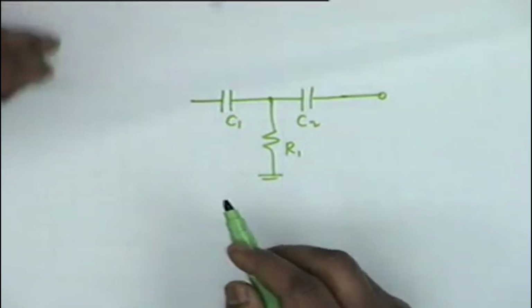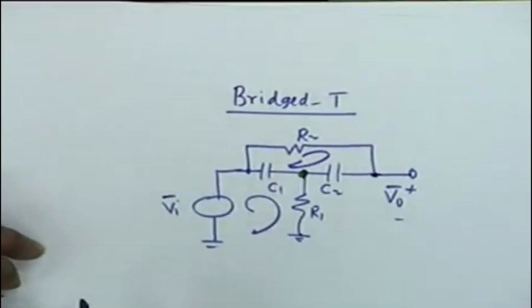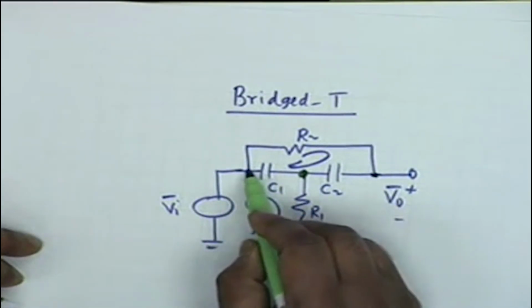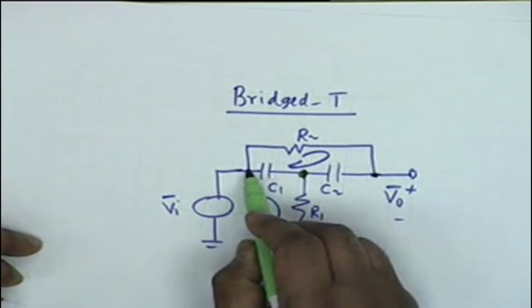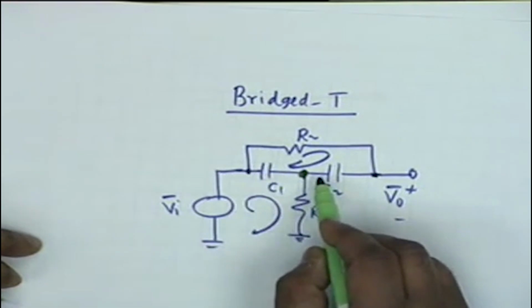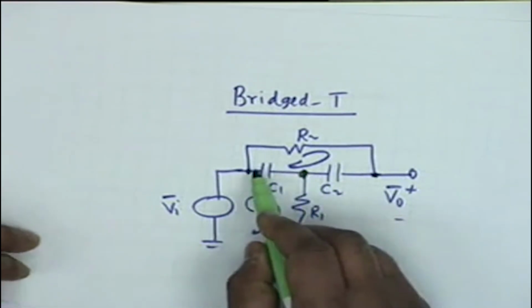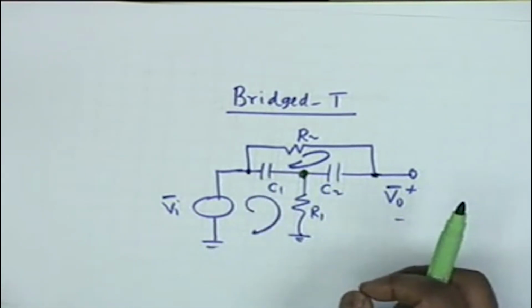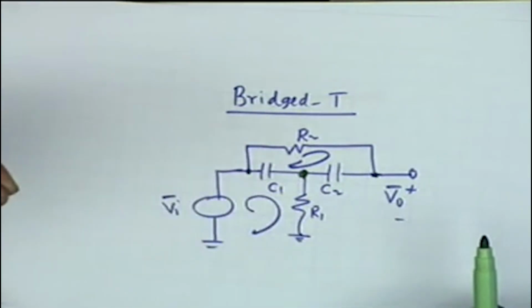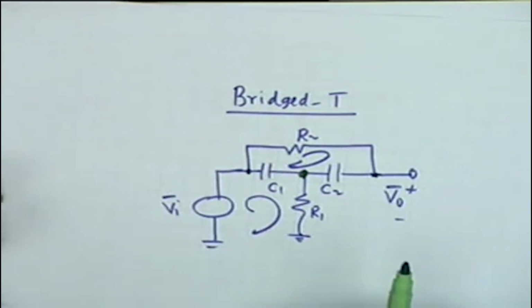You see, if you look at this circuit, the potential at this point is Vi, whether you consider this branch or this branch, it does not matter, isn't it? So, if I separate the 2 wires and connect 2 sources, Vi each, shall it make a difference?